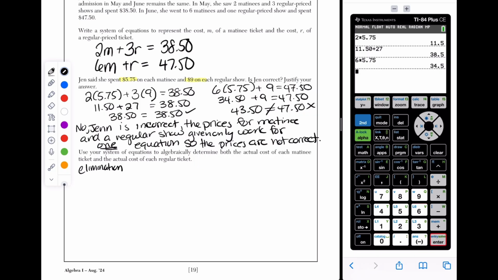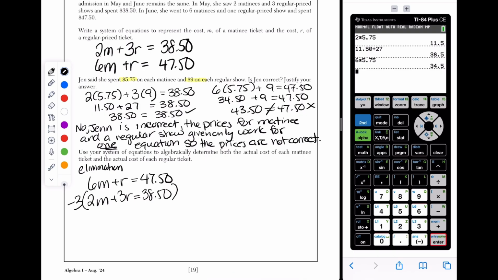After I do this one, I'll show it with substitution, and you can decide for yourself which way you want to do it. You're going to get the same answer anyway. So I'm going to put in my 2m plus 3r equals 38.50. Matter of fact, I'm going to put the one I'm not changing on top. And here's my 2m plus 3r equals 38.50, and I'm going to multiply this by -3.